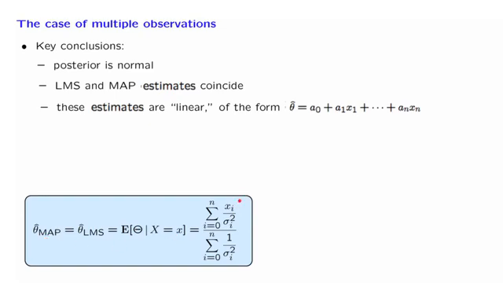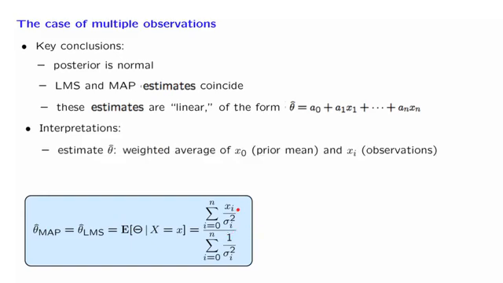How do we interpret this formula? What we have here is the following. Each one of the xi's gets multiplied by a certain coefficient, which is 1 over the variance. And in the denominator, we have the sum of all those coefficients. So what we really have here is a weighted average of the xi's. Now keep in mind that those xi's are not all of them of the same kind.